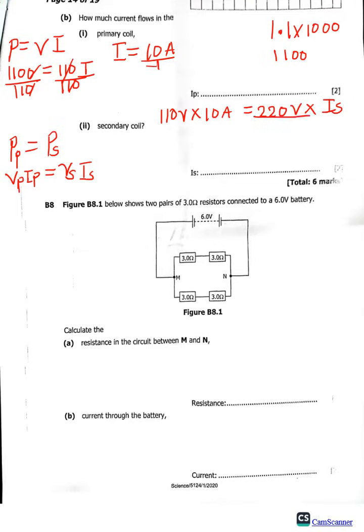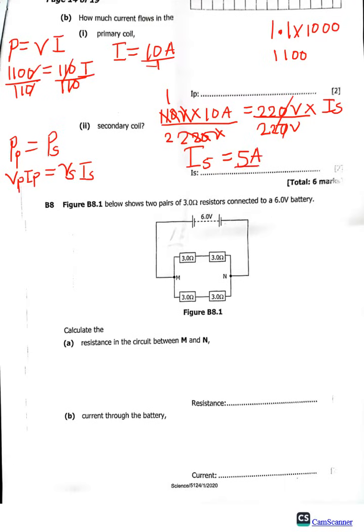So we can divide by 220 on both sides. Current on the secondary is equal to, we can cancel: 11 into 11 is 1, 11 into 22 is 2. So we have 1 times 10 is 10, divided by 2, giving 5 amps.